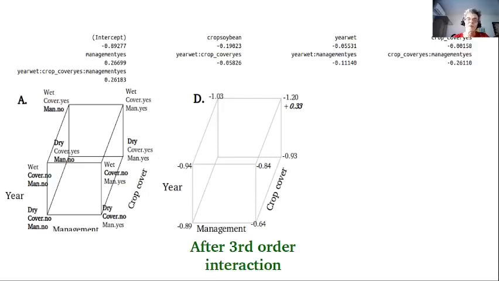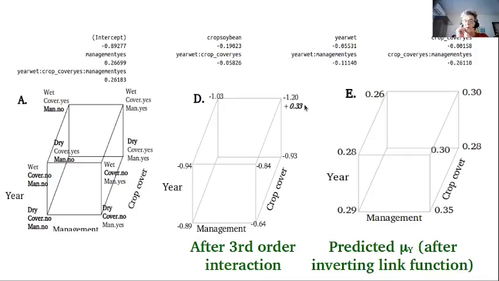And then after adding these values, I recall, these are the logit of the mean of the response variable. I show the predicted means of the response variable after inverting the link function. So here are the predicted means of the proportion of the above-ground biomass for each of the combinations of the levels of the three explanatory variables.